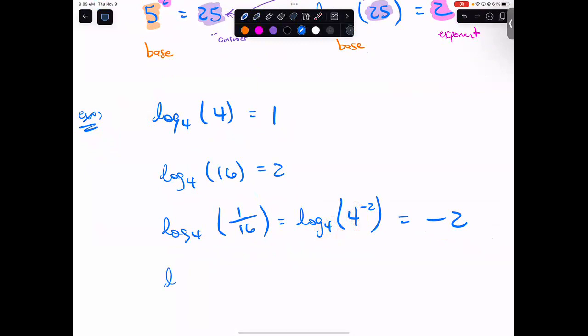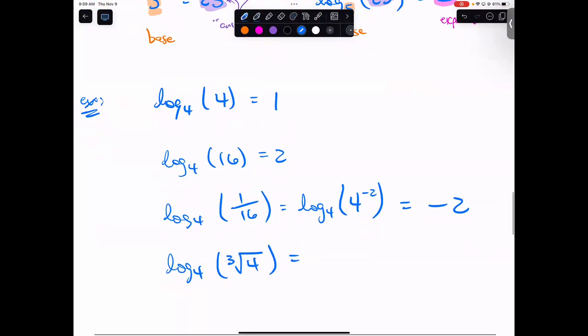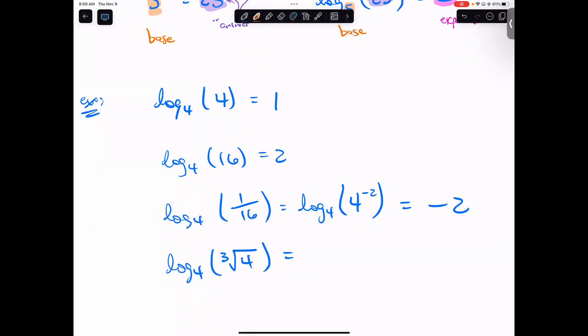Okay, what about the log base 4 of the cube root of 4? What power of 4 is this thing?